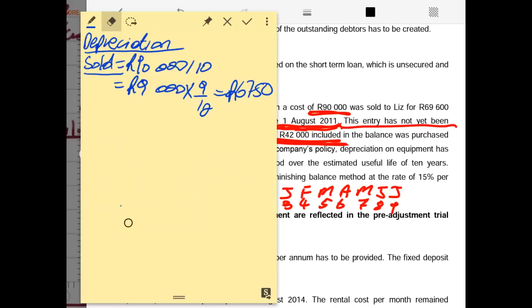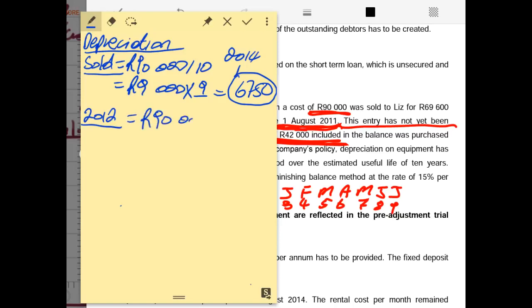And we already know that for 2014 it is 6,750, which is for the year 2014. So now let me just highlight that and circle it and say it's for year 2014. Now we start in the year 2012, which is from August 2011 to 2012. Therefore, we know that the asset was there in the business for the full year. It is 90,000 rands divided by 10, that gave us 9,000 rands.